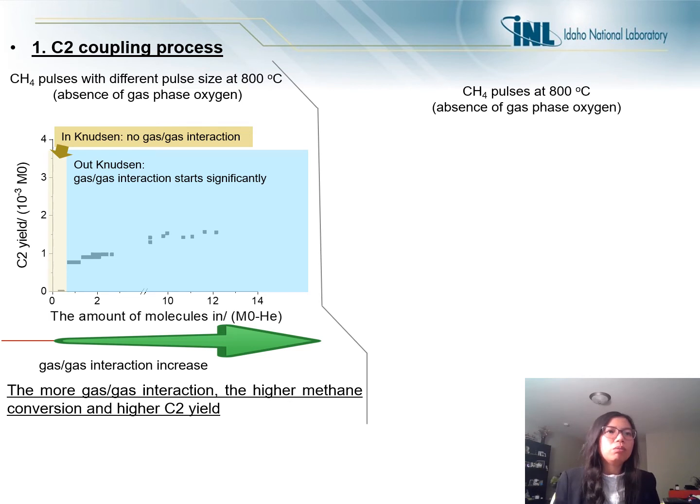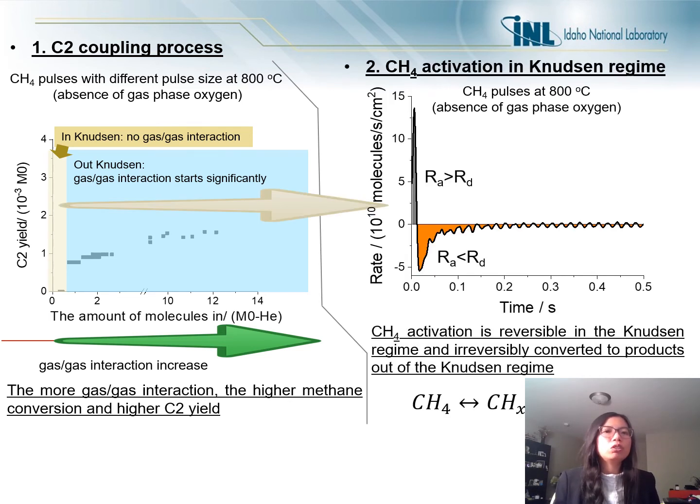When we analyze the transient kinetic information in the Knudsen regime, we found that methane experiences a reversible adsorption process. As you can see from the figure, a positive rate is followed by a negative rate. Therefore, CH4 activation is reversible when there is only methane and catalyst surface interaction going on.